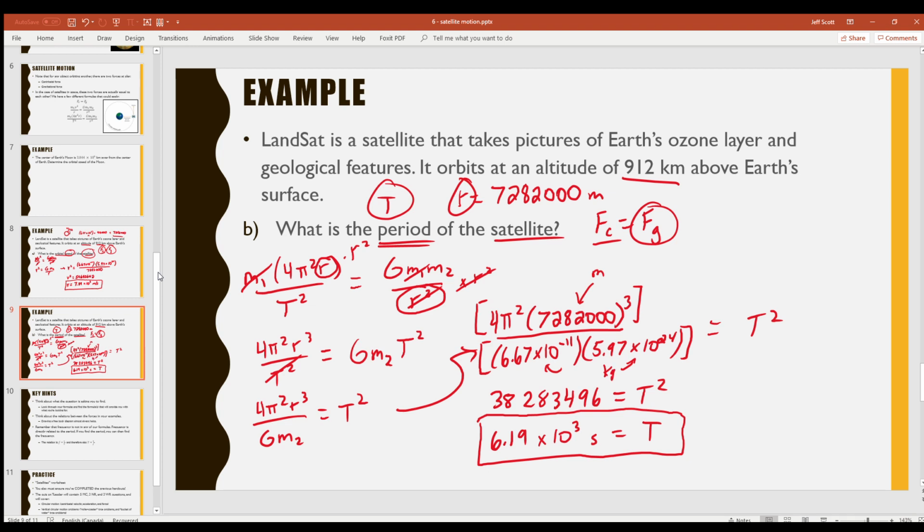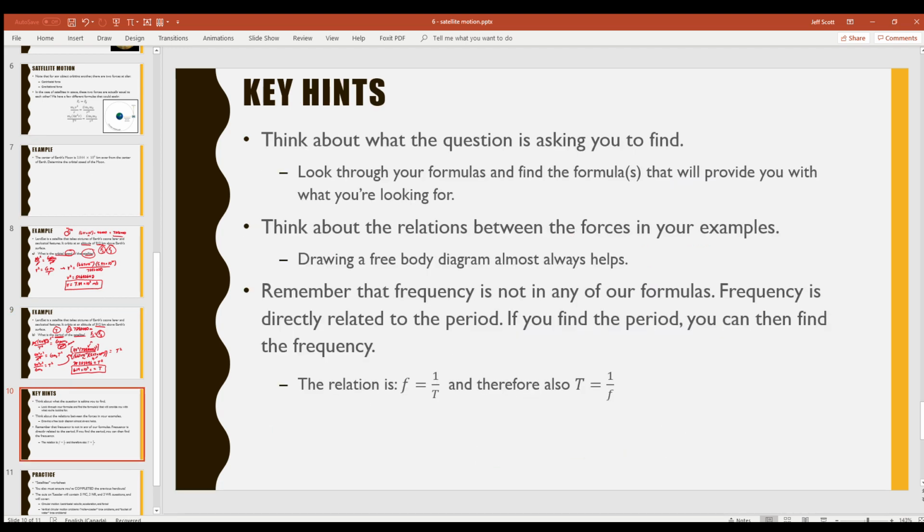As long as you're using consistent base units like kilograms or meters or seconds, your answer is also going to come out in base units. But again, you can just use unit analysis to figure that out if you need. Unit analysis will tell you exactly what units are going to appear in your answer.